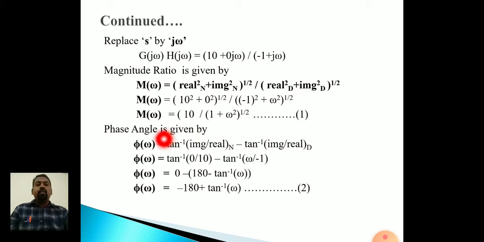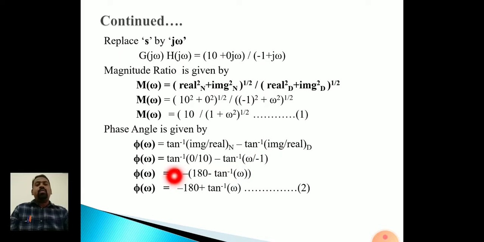Similarly, find the phase angle phi omega, that is equal to tan inverse of imaginary by real of the numerator minus tan inverse of imaginary by real of the denominator. Substitute the values from the transfer function: tan inverse of 0 by 10, that is the imaginary part 0 and real part 10 in the numerator, minus tan inverse of the imaginary part omega and real part minus 1.